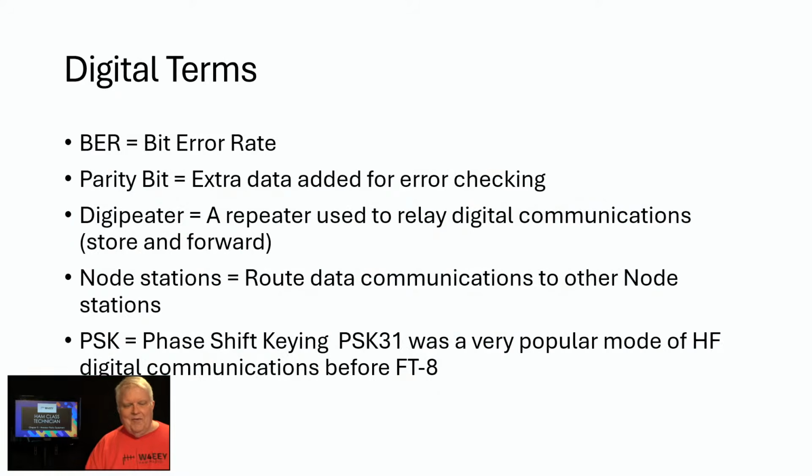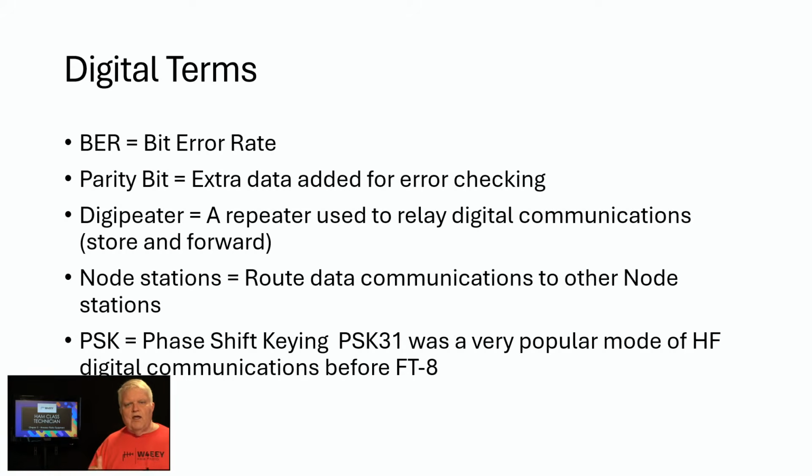Anyway, with digital modes, we have these terms that we want to know about. Bit error rate. You want to have the lowest bit error rate possible. You want to get all the bits through. A parity bit in packet radio, for example, is used to help detect errors. A digipeater, a terminal node controller, can be a digipeater used to relay digital communications. Satellites can carry digipeaters as well.